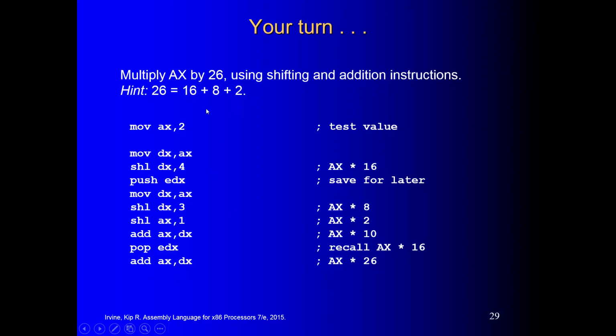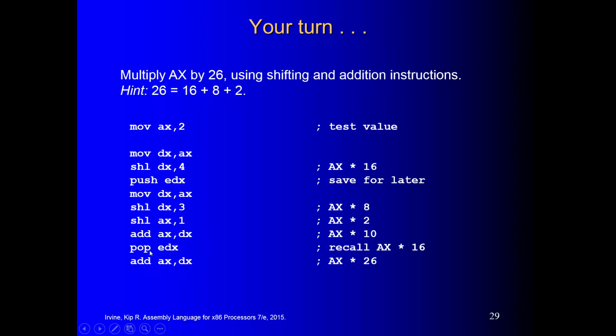To get all these 3, AX times this, this, and this, you need to add up whatever is in here. That means shift 3 times here, add DX into AX. Then pop EDX. That means get the one you saved to the stack. Whatever you pushed here in the stack, that means AX times 16 as a result in the stack.